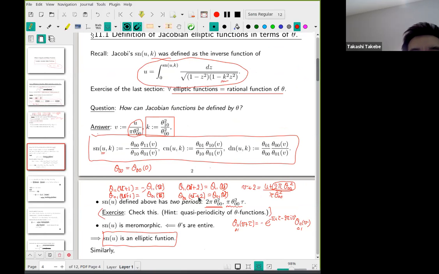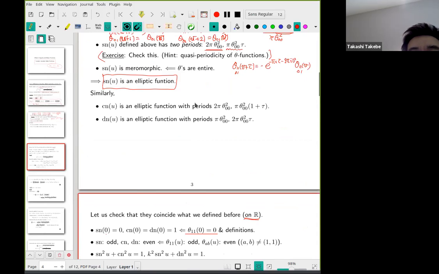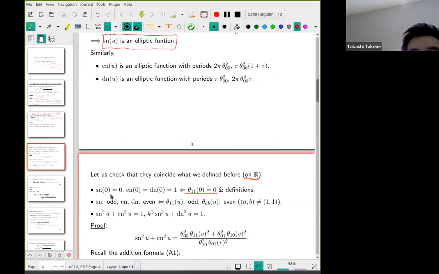But theta 1 is 0 at 0, so the numerator becomes 0. So sn is 0.